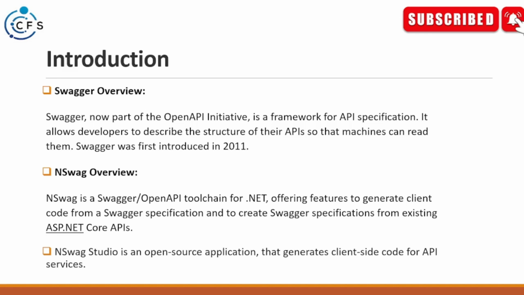Here NSwag helps them generate that boilerplate code, and with a minimal amount of code, the consumer, either a front-end application like Angular or React, or another API, can easily consume the existing APIs.